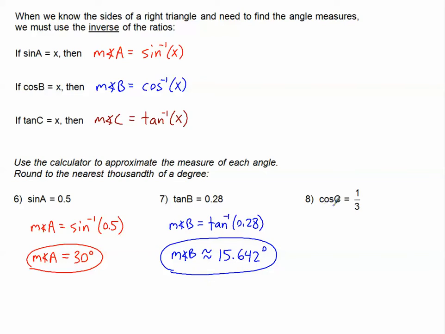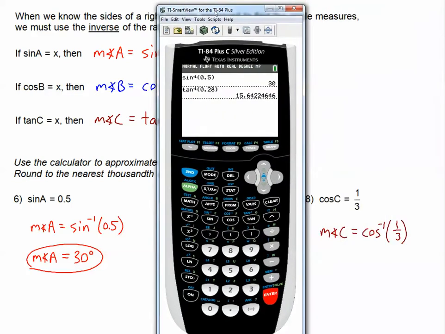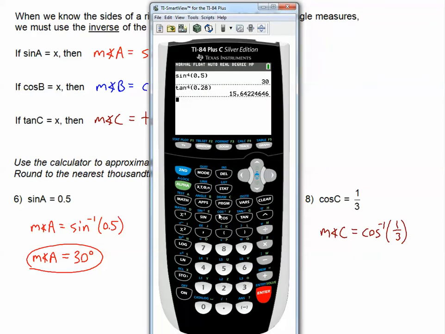Okay, and our last one, the cosine of C is equal to 1/3. So I know that the measure of angle C is going to be the inverse cosine of 1/3. So let's plug that into the calculator. Inverse cosine, of course, is above the cosine button.